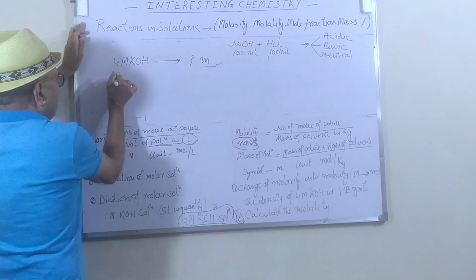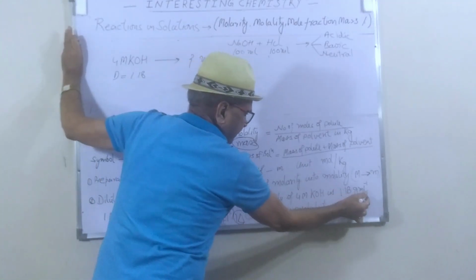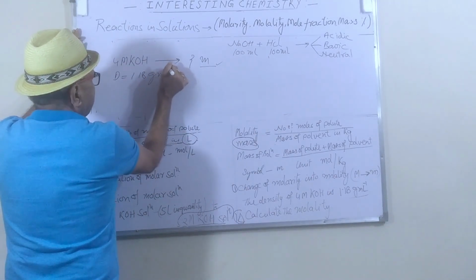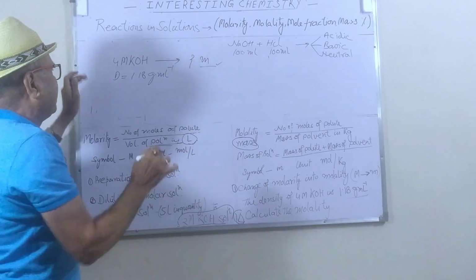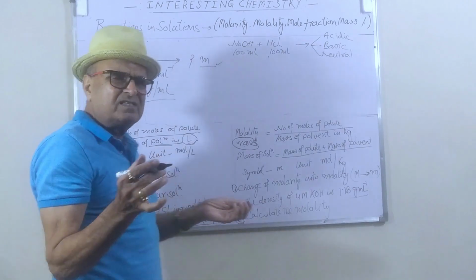The density of this KOH solution is 1.18 gram per milliliter. This is the question for you.